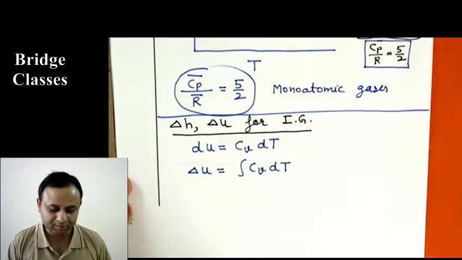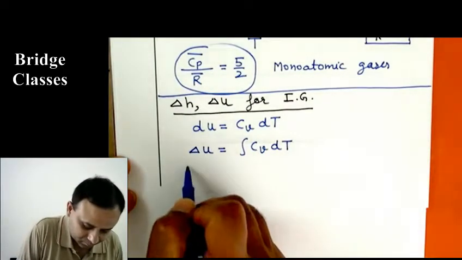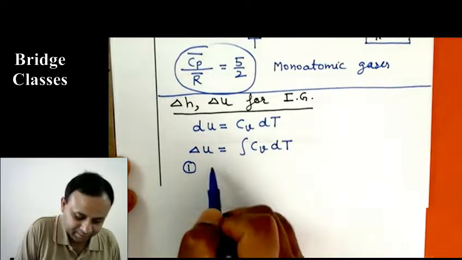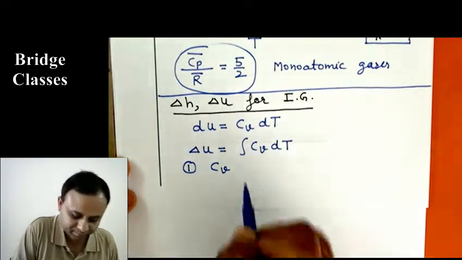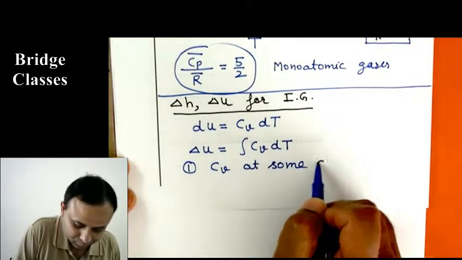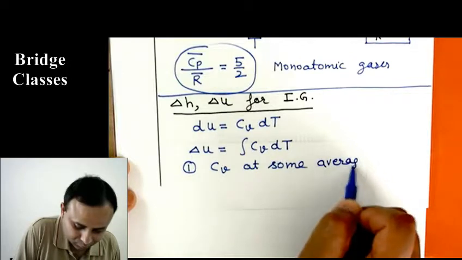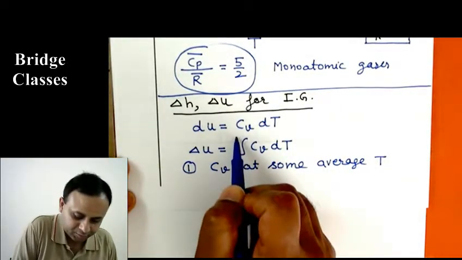Now there are two possibilities. One is I take Cv at some average temperature, because temperature actually goes, say, from T1 to T2.